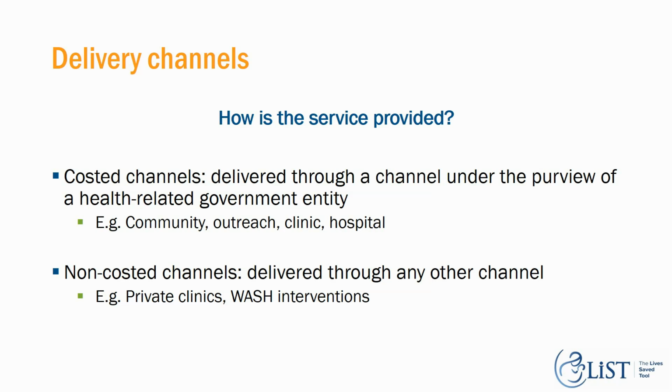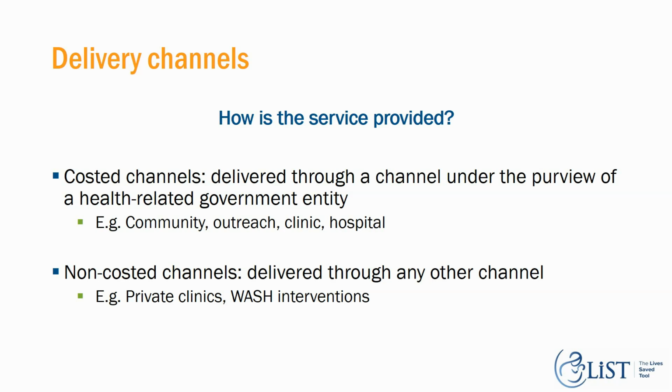But it needs to be government, and it needs to be health-related. So that would be essentially community outreach, government clinics, government hospitals, that kind of thing. So LiST costing will already have those channels costed in the software.